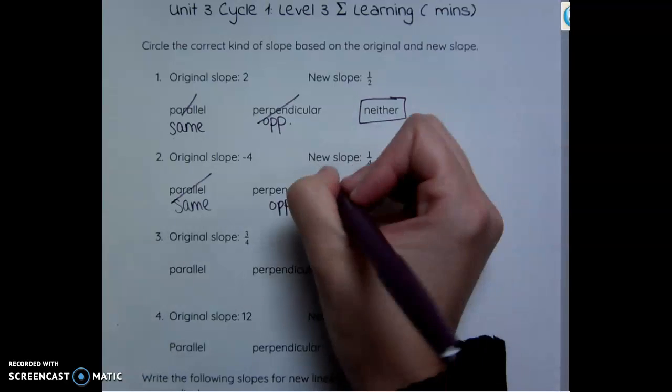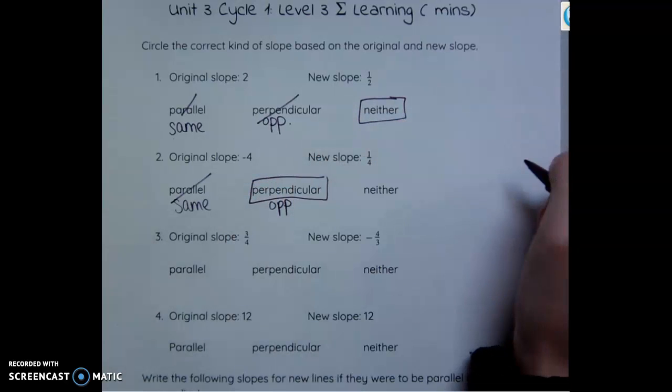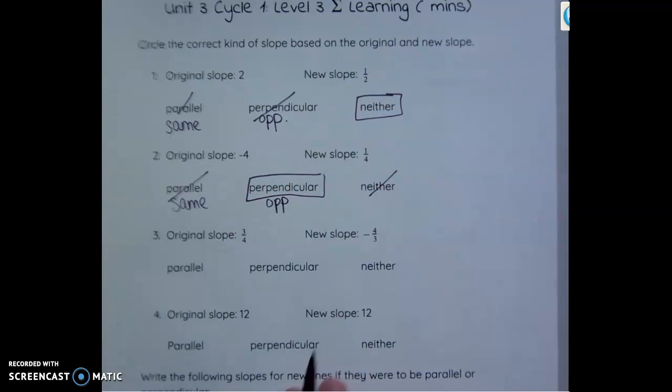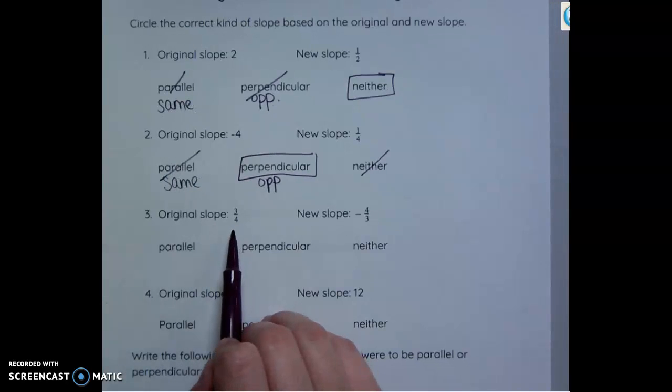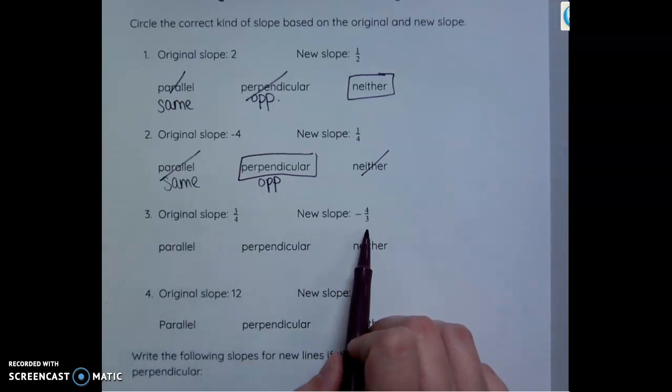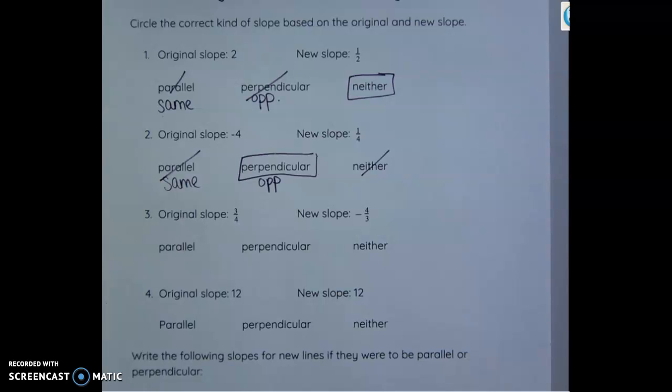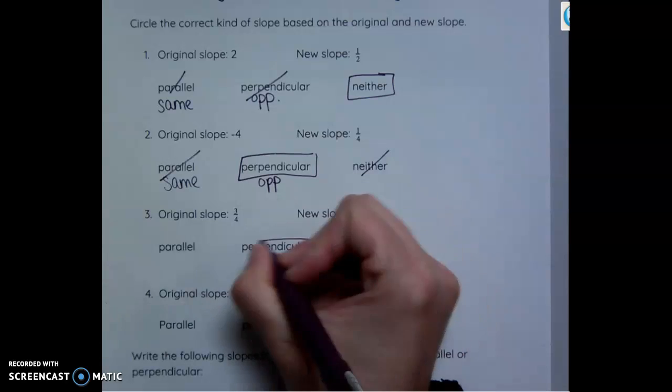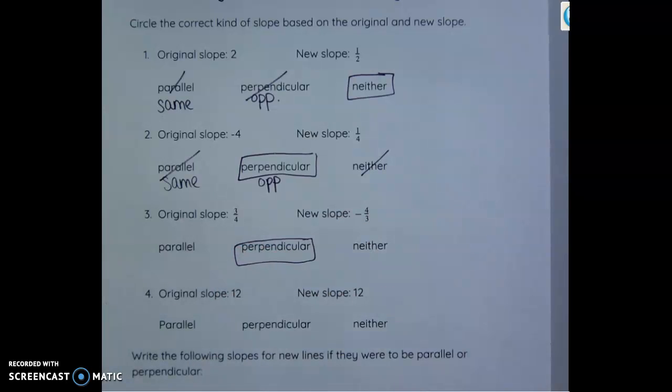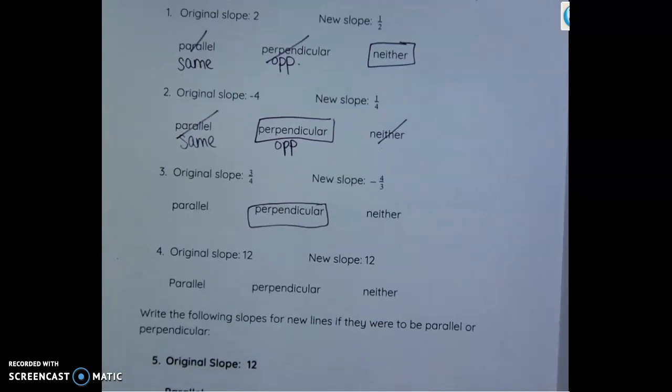Yes, they are. Not neither. Alright, original slope 3/4, new slope -4/3. Perpendicular. Good job.